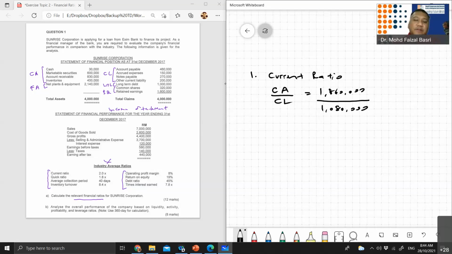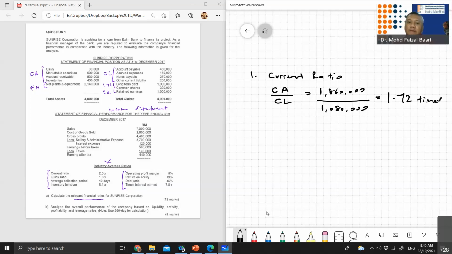So you have these two pieces of information already. What you need to do next is simply divide according to the ratio. So 1.86 divided by 1.08, and you have the ratio of 1.72 times.